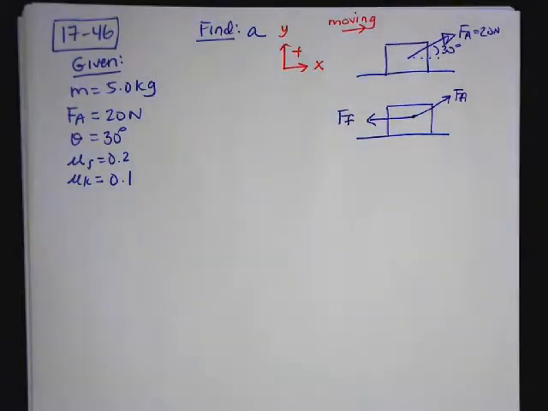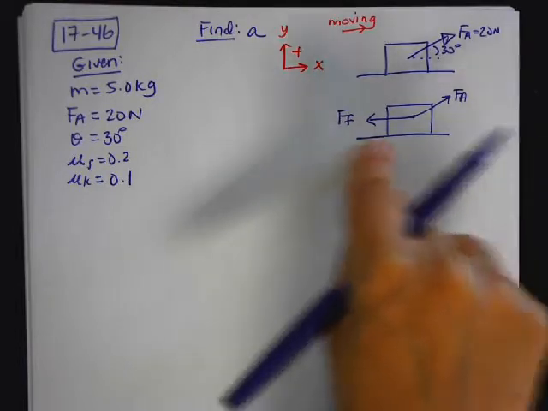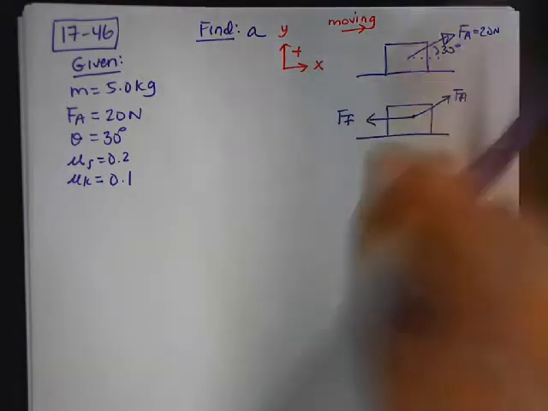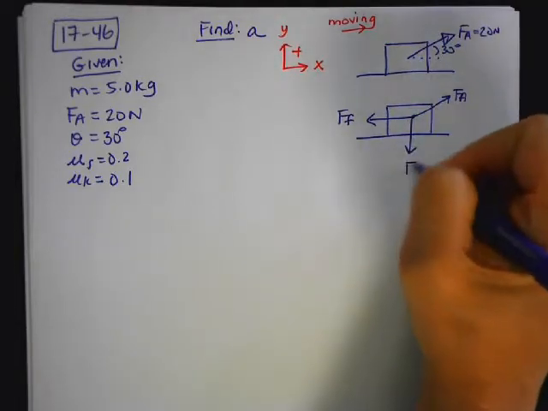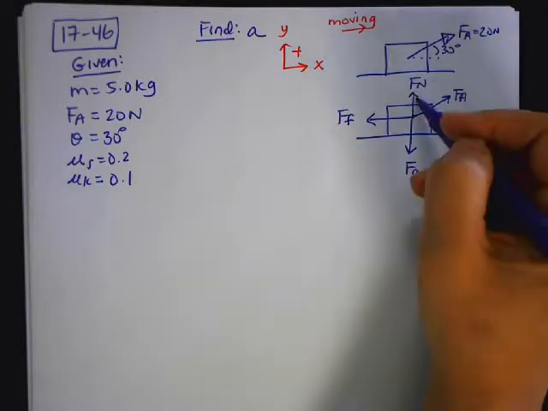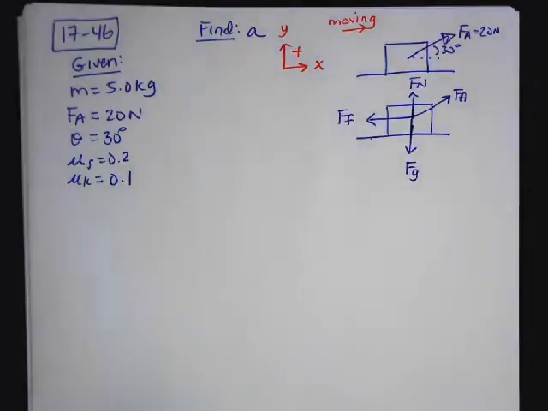Now remember, on the AP test, if they ask you to show this at the point of contact, your frictional force would actually be on the surface. My weight acts down, and my normal force acts perpendicular to the surfaces in contact. And again, the normal force would act from the bottom, and the frictional force would act here.